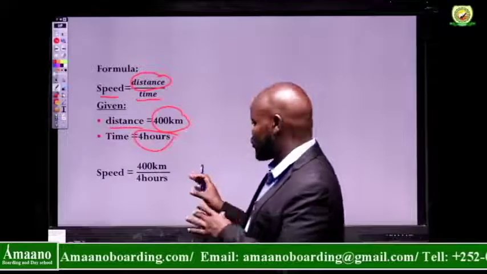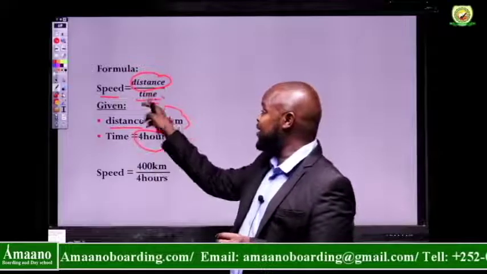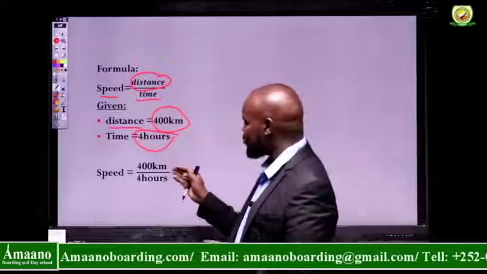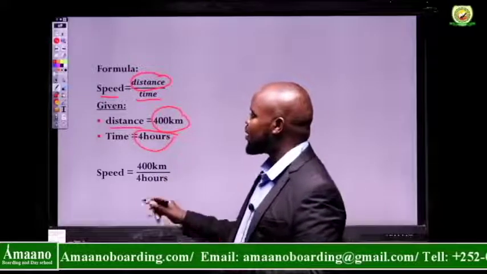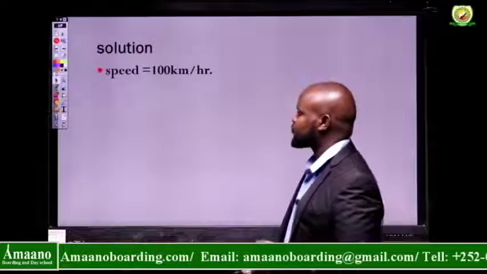Then we substitute using the formula. Speed is distance divided by time. Our distance is 400 kilometers, and our time is 4 hours.